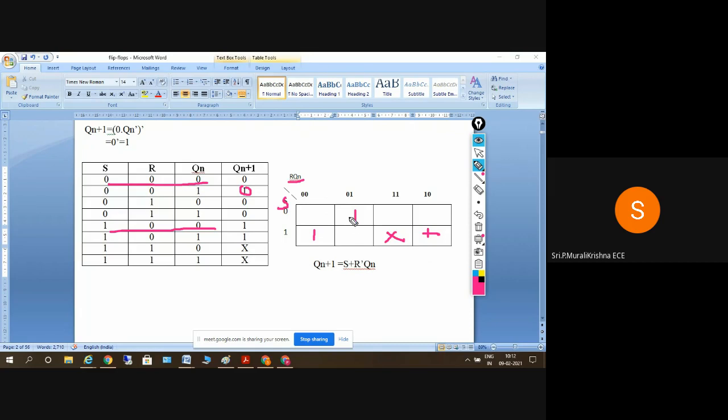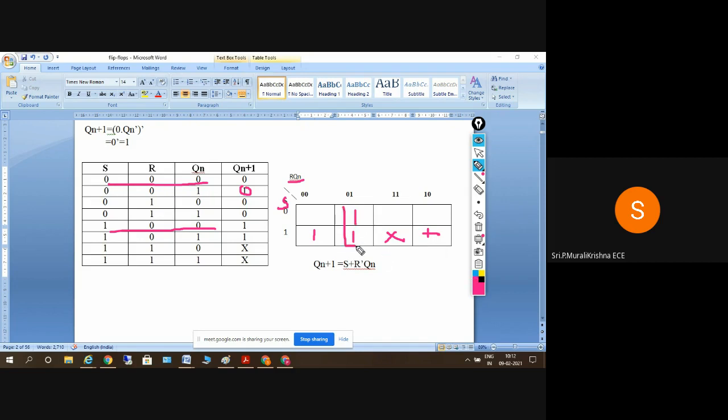Clear? So what I can check here is, is it correct or wrong? 0 0 1, fine. And 1 0 1, where is 1 0 1? This is 1 and 0 1, a 1 here.